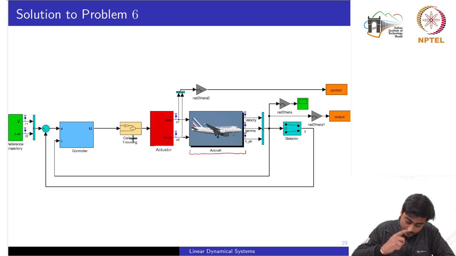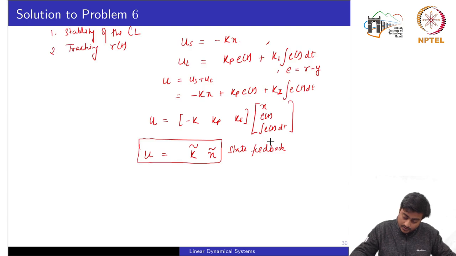Here is just the trimming block which we use in Simulink, and these are three states: velocity, gamma and h. Okay, and here we can place this entire controller as it is, where if you see that we require information of two things. One is the state, the original state of the plant, and also the error signal which is given by r minus y.